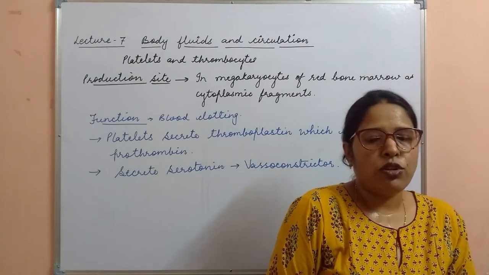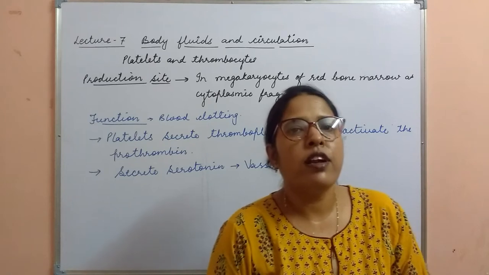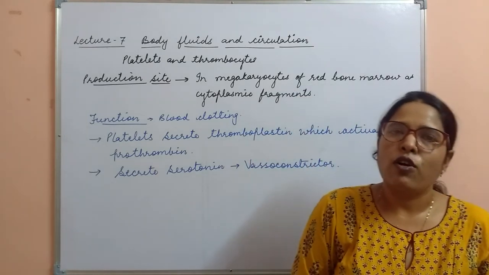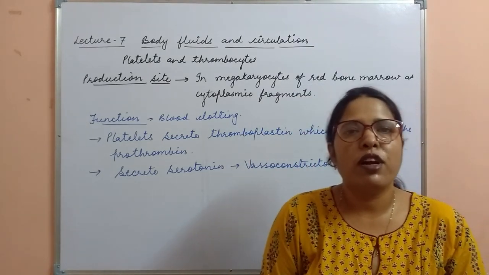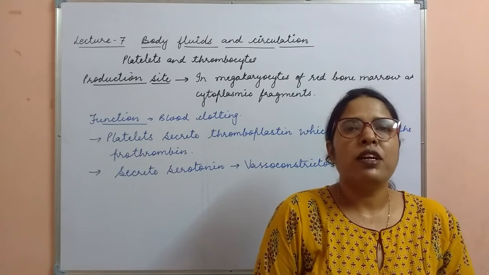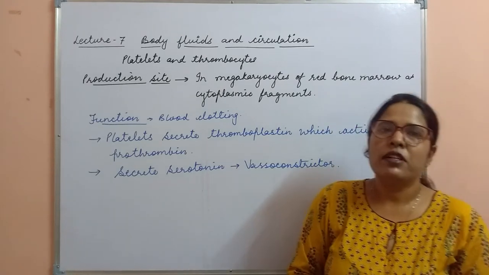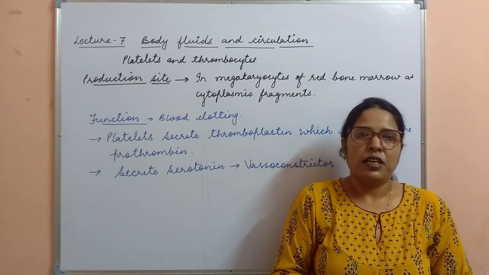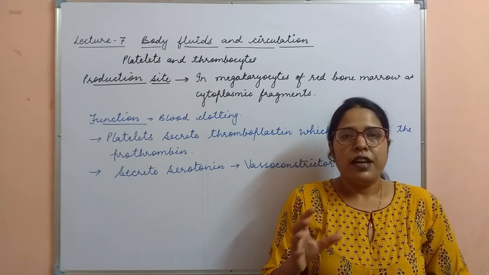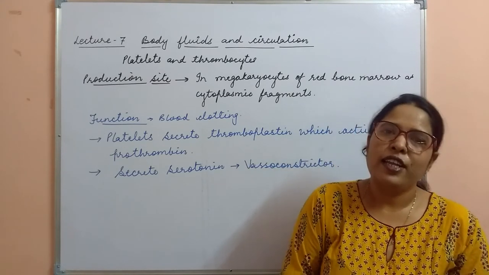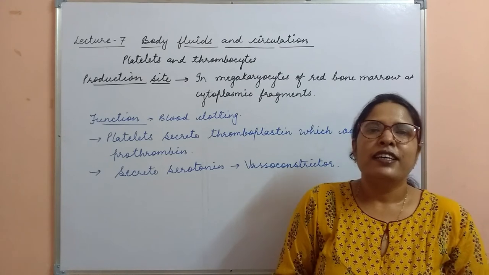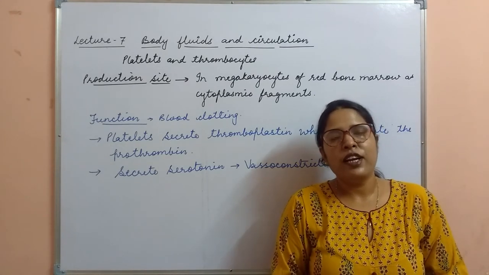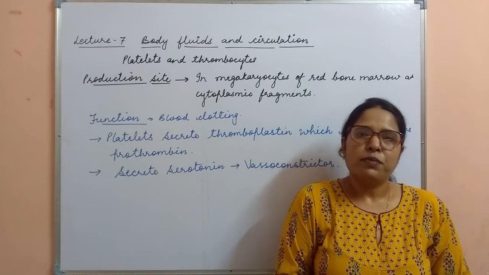Clear? Now the thrombocytes, we have already discussed. Thrombocytes are also the cells responsible for blood clotting in all the vertebrates except the mammals, and in mammals the platelets are there. Clear? Next, platelets are enucleated cells, and the thrombocytes are nucleated, due to which their shape becomes spindle shaped.